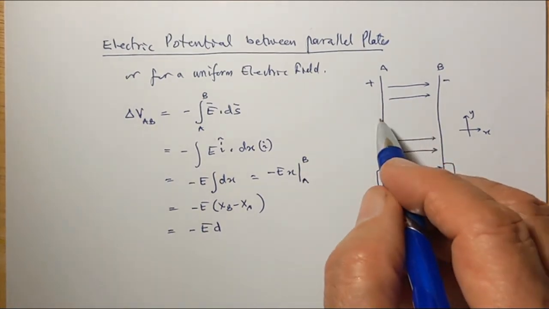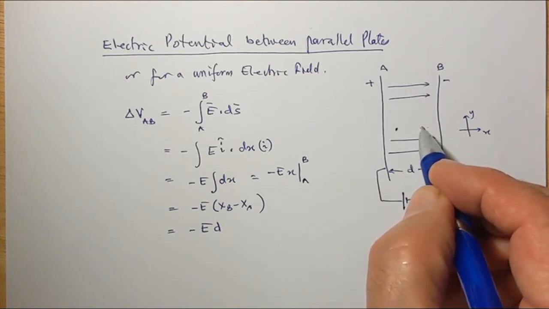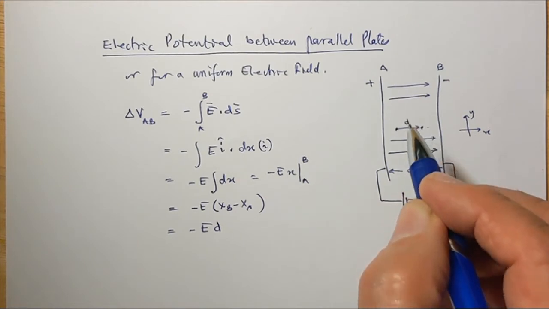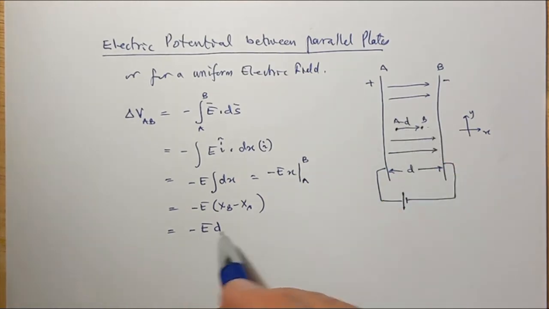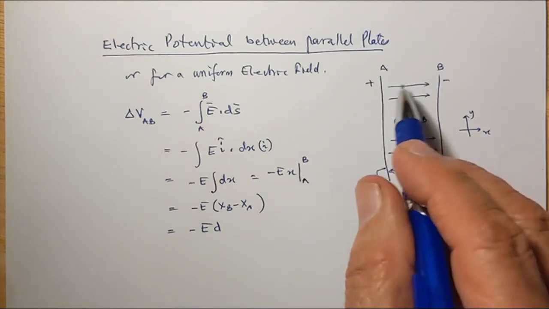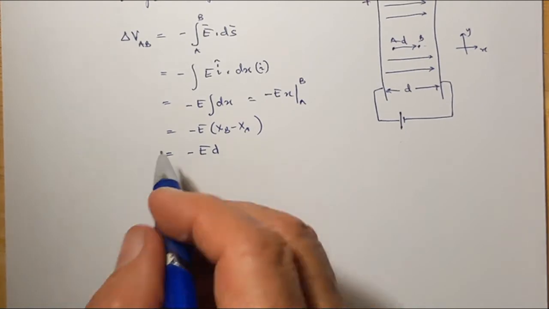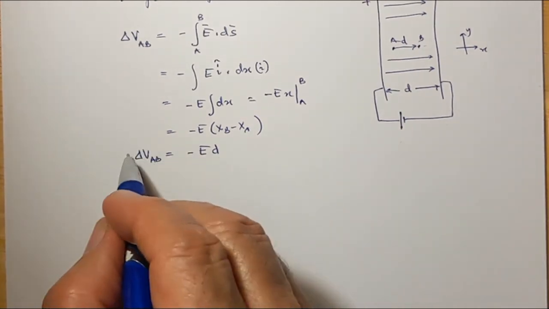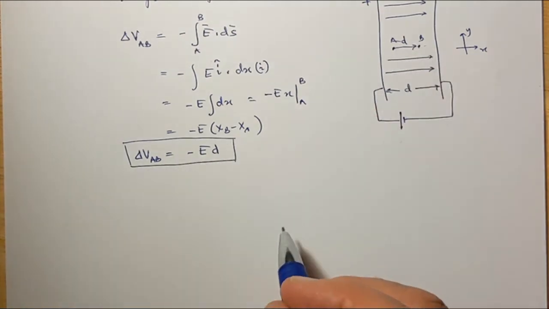Now, if we don't go from one plate to another, but point A is somewhere here and point B is somewhere here, then this will be our distance d. If this is A and that's B, then it's the same thing, and the electric field is everywhere the same, so it doesn't matter. Now, this equation, delta V AB, can also be used to obtain the electric field between parallel plates.